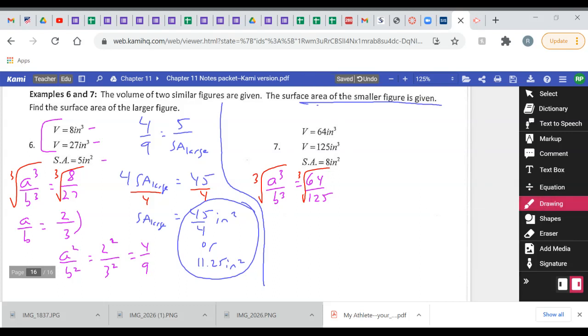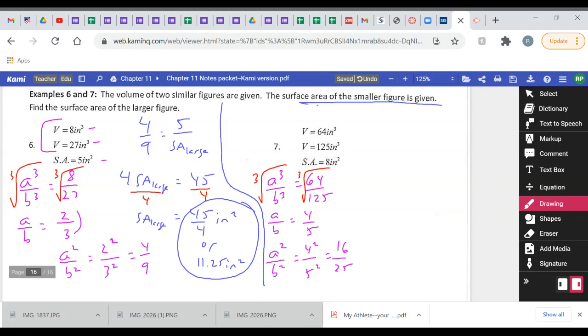And once I do that, I get a over b is equal to 4 over 5. All right, so that gives me the scale factor, my a over b. So my ratio of my surface areas is going to be a squared over b squared, which is 4 squared over 5 squared, which is 16 over 25.